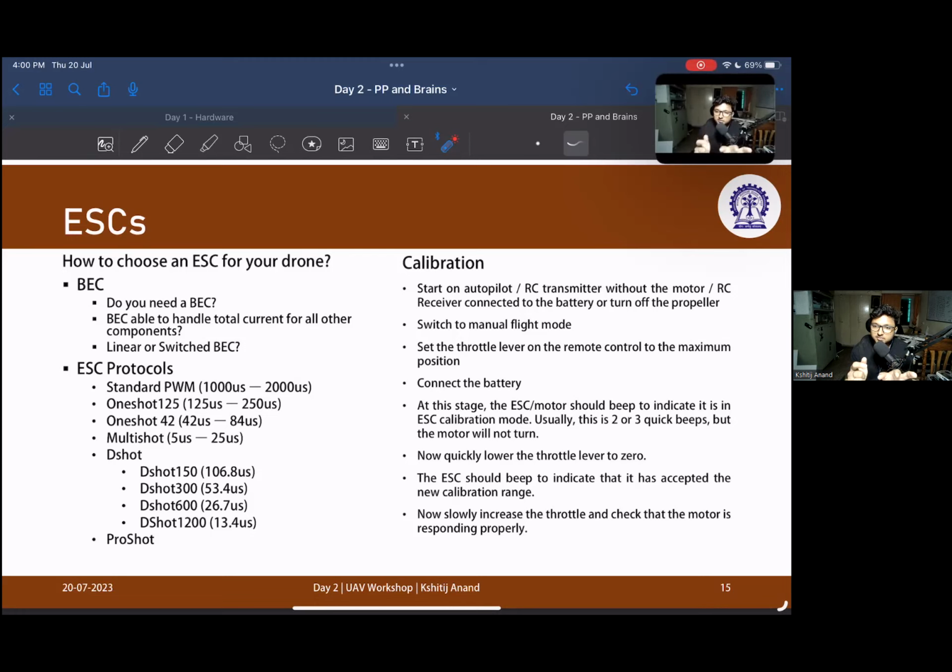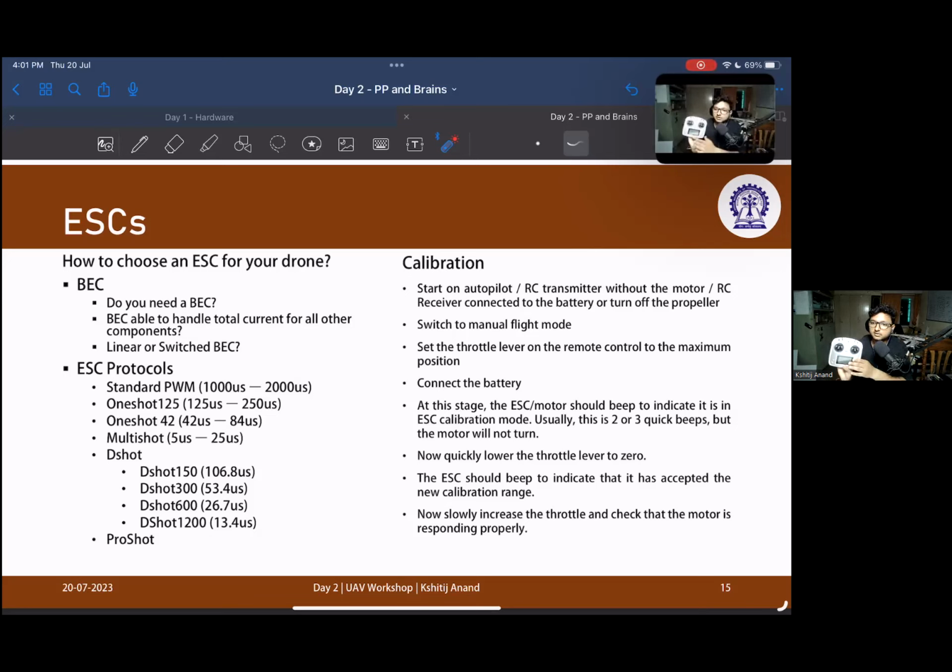The motor will beep within 2 seconds. Bring the throttle down to 0. The motor will beep 3 times. The ESC is calibrated. Basically you are giving it the maximum and minimum points of the input stick, so your ESC now knows that this is the maximum your stick can go and this is the minimum. I'll show you.